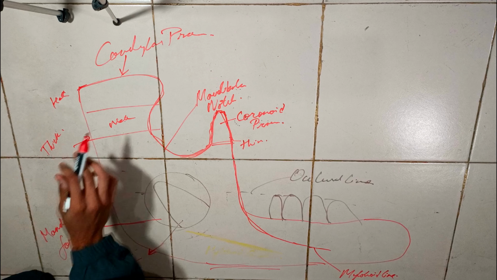The head of the condylar process is covered with fibrocartilage. And this head articulates with the temporal bone to form the temporomandibular joint.